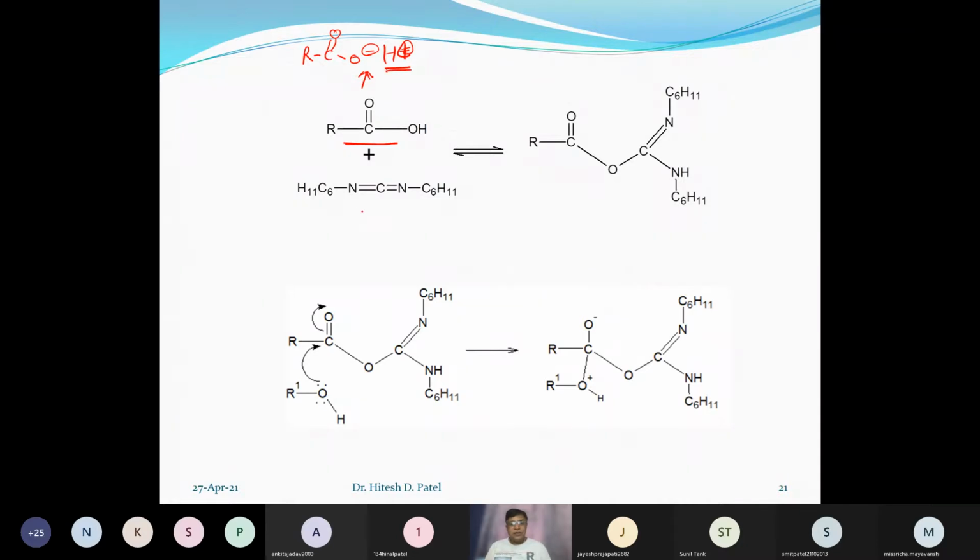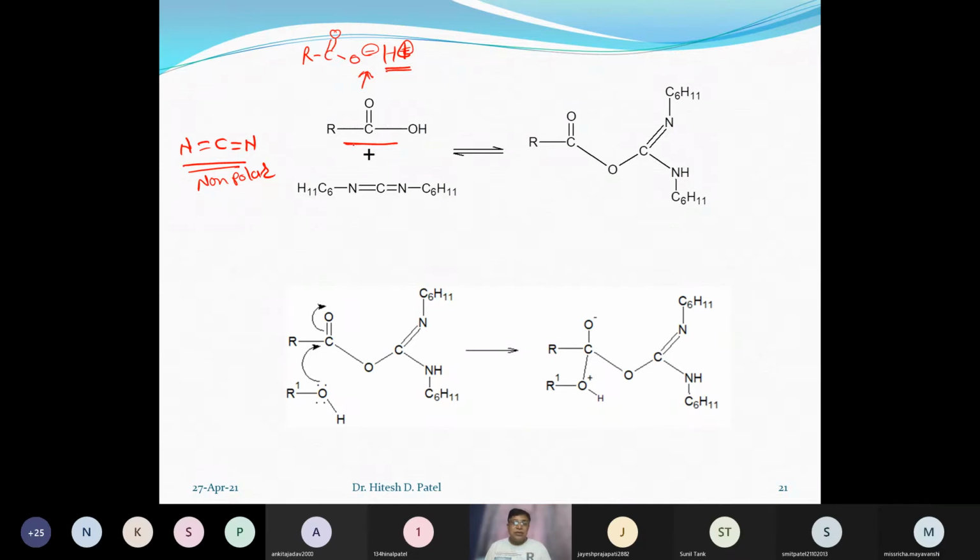Now second thing, this compound is a neutral compound. Why neutral? Because we have this kind of structure, N double bond C double bond N. On both sides of the carbon the same functional groups are present, and that's why it is non-polar. There is no ionization.